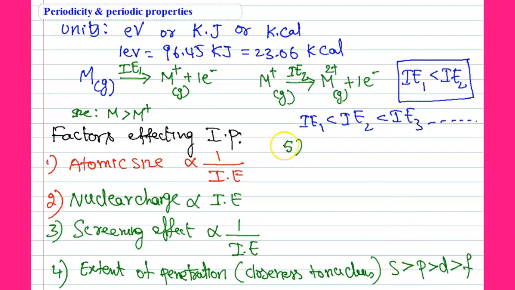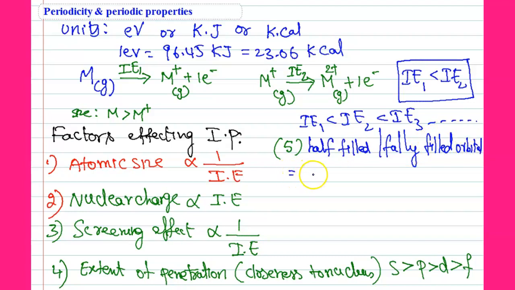Next, the fifth and last point is half-filled or fully filled orbitals. Half-filled or fully filled orbitals get more stability, and more stable means high ionization energy is required.